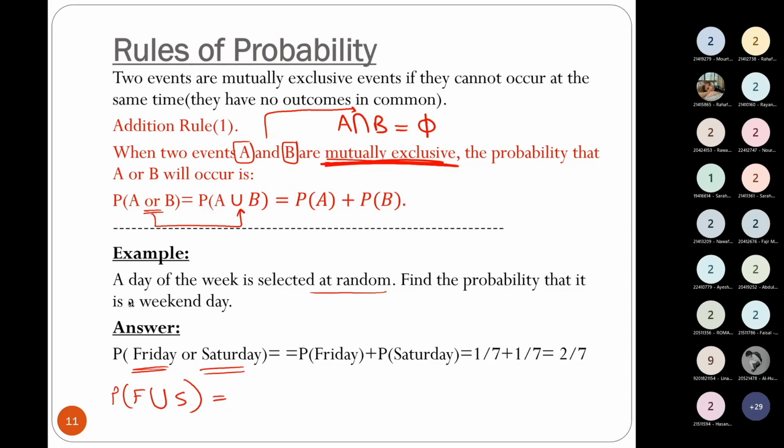Do we have an intersection between Friday and Saturday? No, this is mutually exclusive. The day Friday is different from the day Saturday. So we have the probability of Friday plus the probability of Saturday. How many Fridays in the week? 1. How many days in the week? 7. All outcomes 7. So 1 over 7 plus 1 over 7 equals 2 over 7. This is the probability that they select a weekend day.